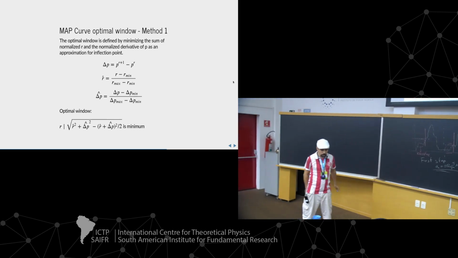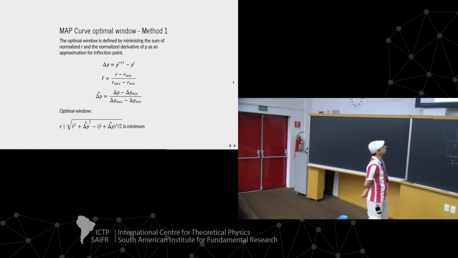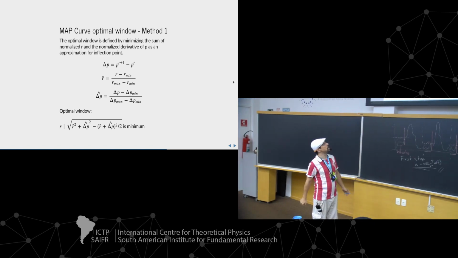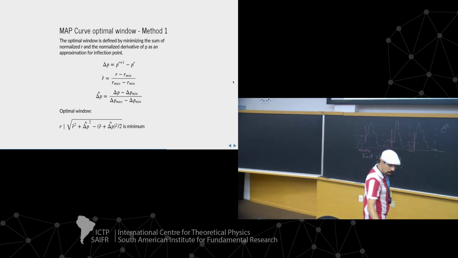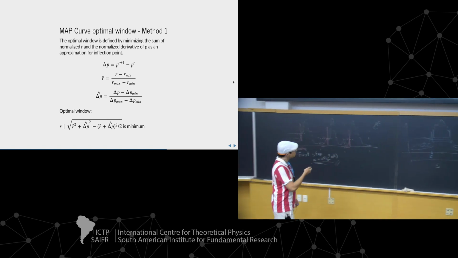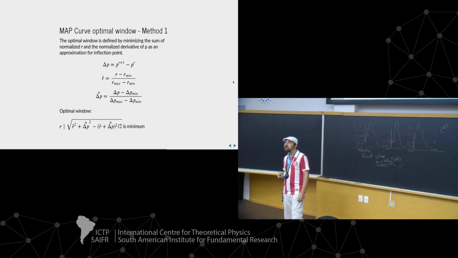So we will see here some examples. The first method proposed there proposes a change of variables over the MEM curve, and we will try to minimize this function here, where R hat is just the normalized window size.